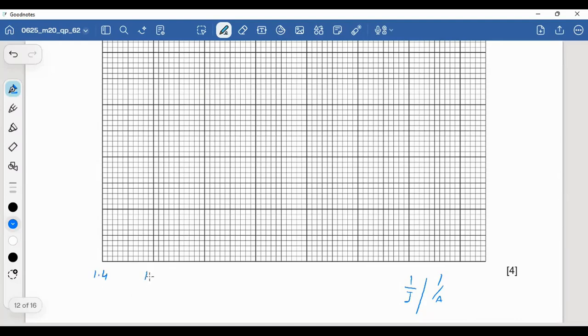So this becomes 1.6, 1.8, 2.0, 2.2, 2.4, 2.6, 2.8, and then 3.0.